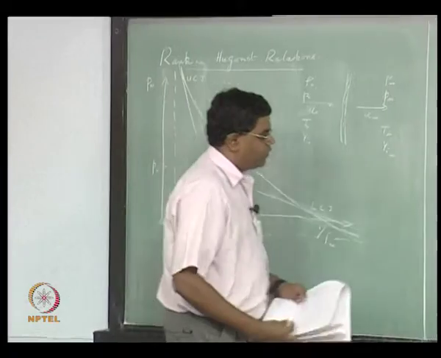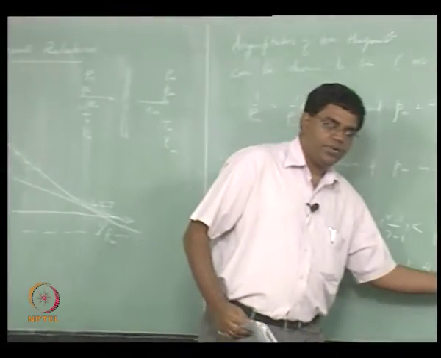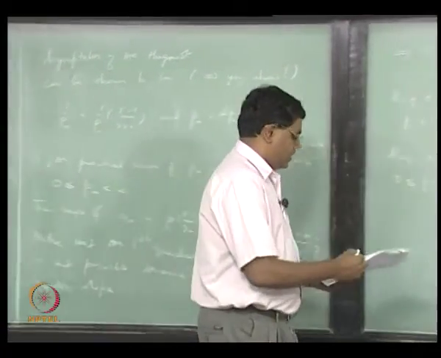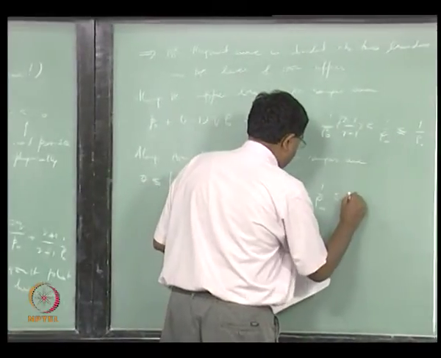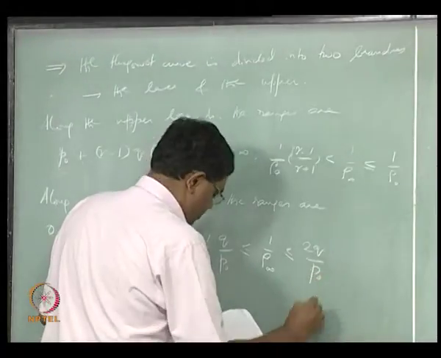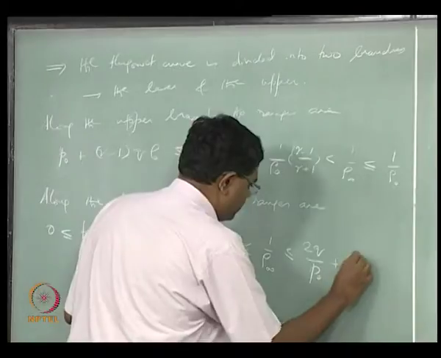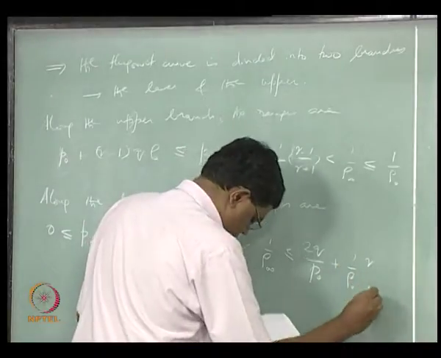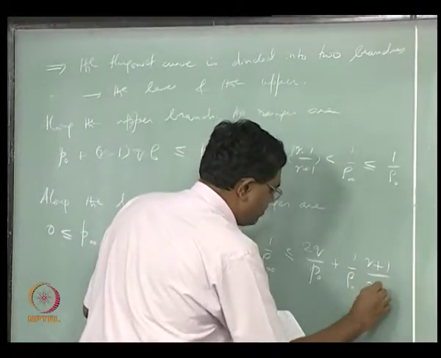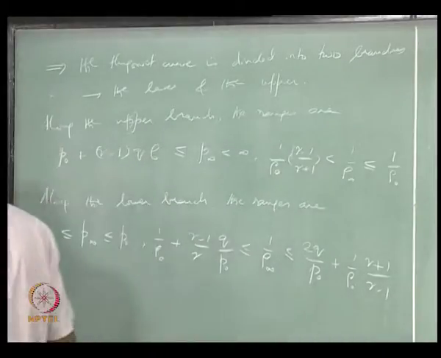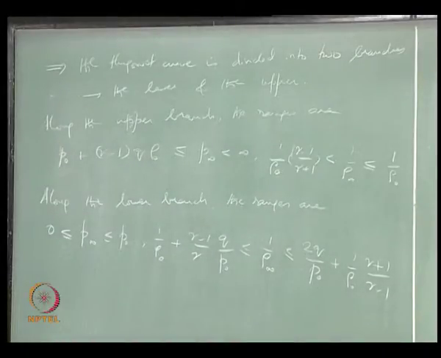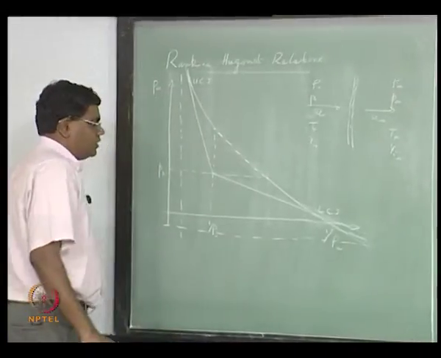This is something that we have already figured out, that's this value, which is 2Q divided by P naught plus 1 over rho naught times gamma plus 1 divided by gamma minus 1. Good. So these are just algebraic expressions that you can get for the different limits for the upper branch and the lower branch separately.